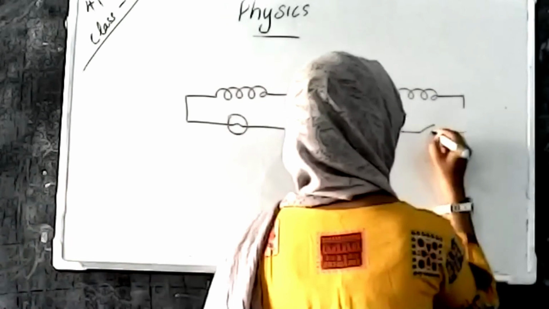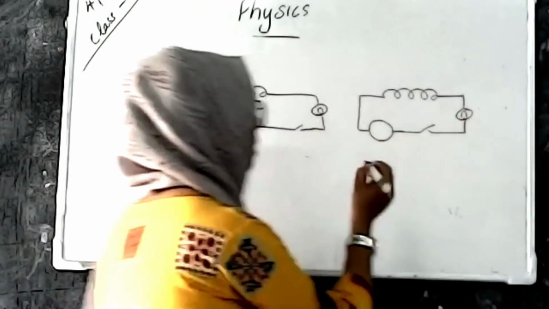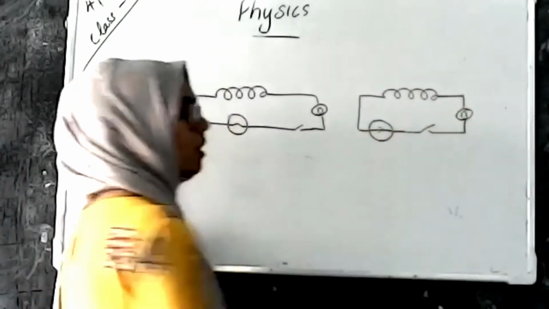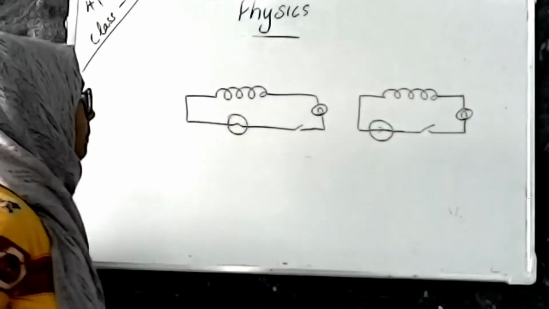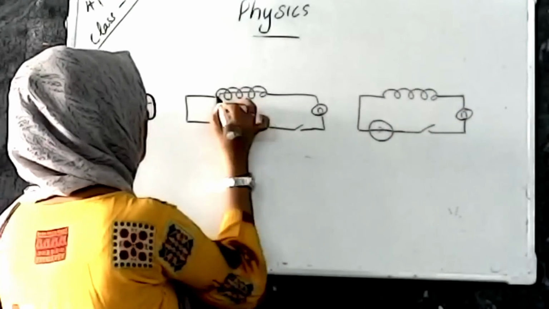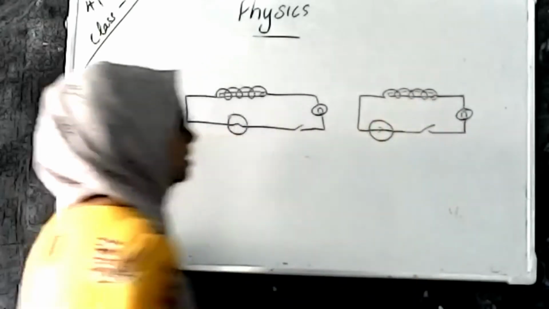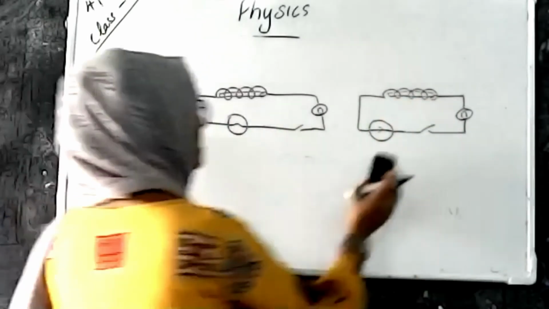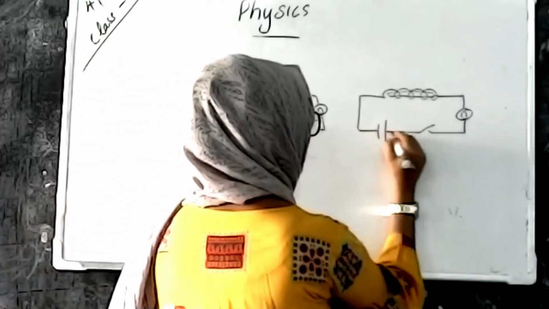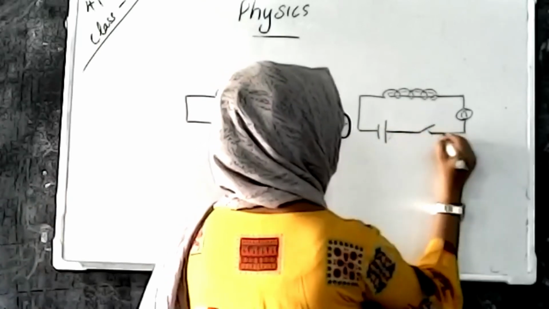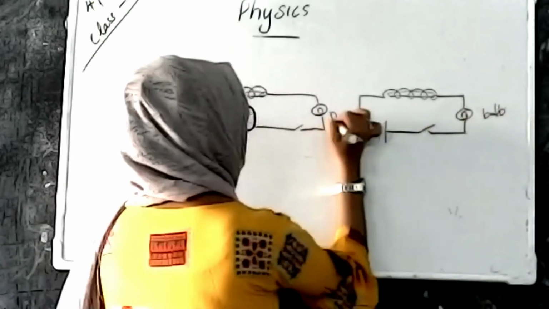These are the main parts of the two circuits. We have two circuits having two coils, with a conductor in the coil, AC and DC sources, and a switch and bulb in each case.